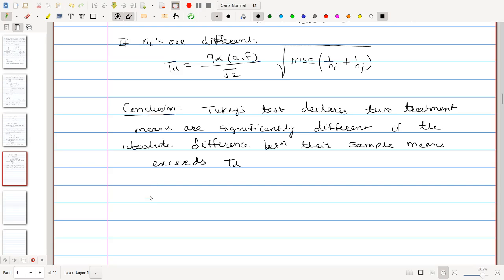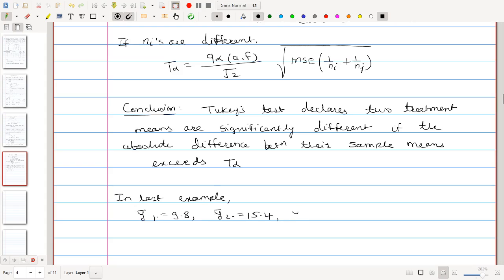Suppose for the last example, we want to check this one. In the last example, y bar 1 dot is 9.8. Y bar 2 dot is 15.4.